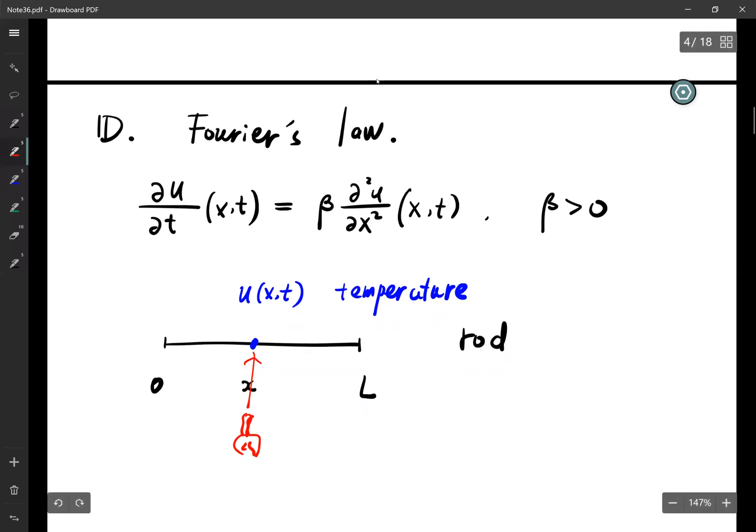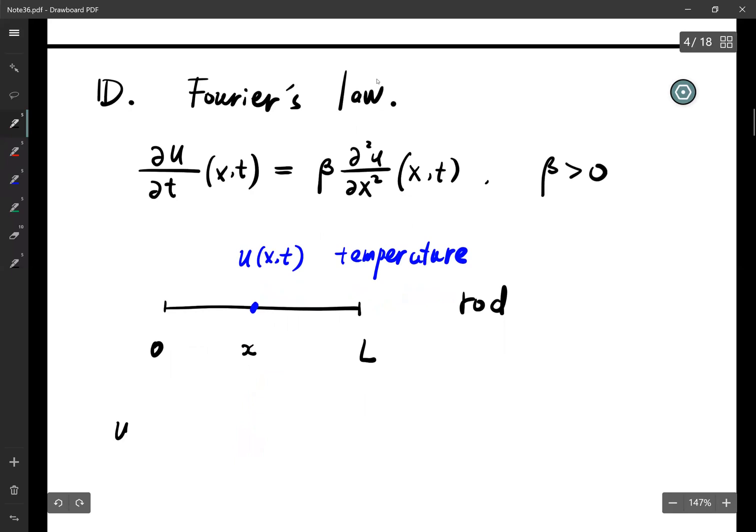So for simplicity, this one is a non-equilibrium process, so they have an external source. Let's forget about this thing. We just say that somehow you have heated this rod up so that there is an initial temperature distribution called u(x,0), because at time t equal to 0, each point on this rod has a certain temperature.